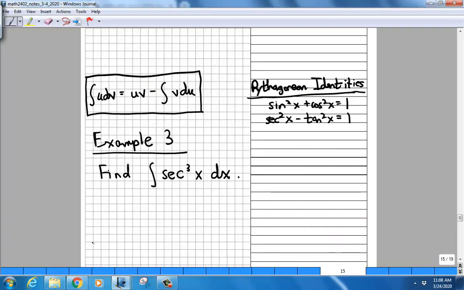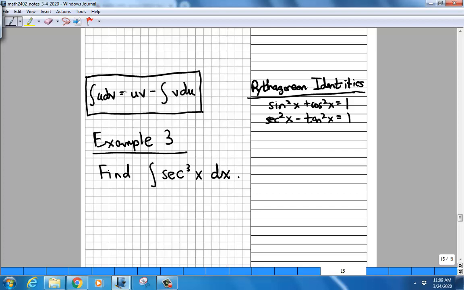Let me remind you first of our integration by parts formula that we practiced last time. Suppose you're trying to find the antiderivative of an integrand where you have an expression u, and remember, u is not just a variable, it's an expression containing x, multiplied times another expression dv in your integrand.